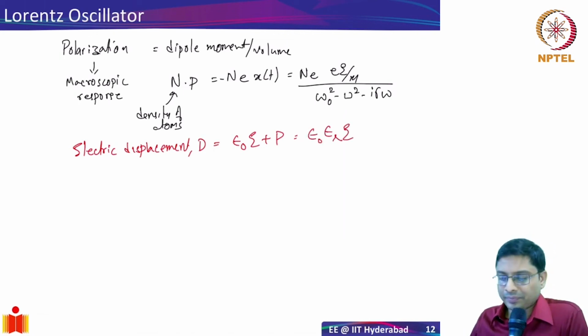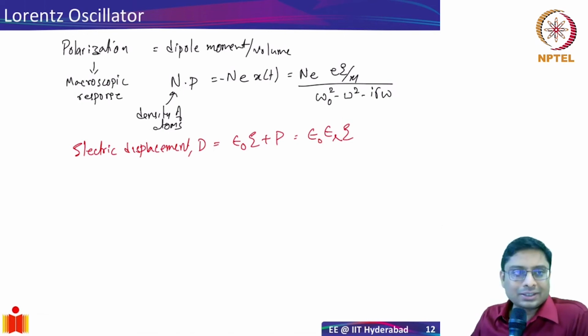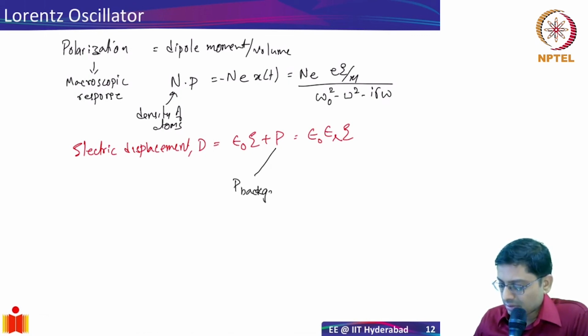The only thing that we need to note here is that this polarization can have two components. You have a background component, so background polarization, P background, and then there is a resonant polarization, the resonant term.